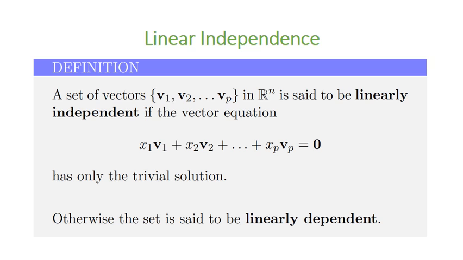So here is the definition. A set of vectors is considered to be linearly independent if this vector equation, so we're just rewriting it as a vector equation, has only the trivial solution. So only that solution of x equals 0.